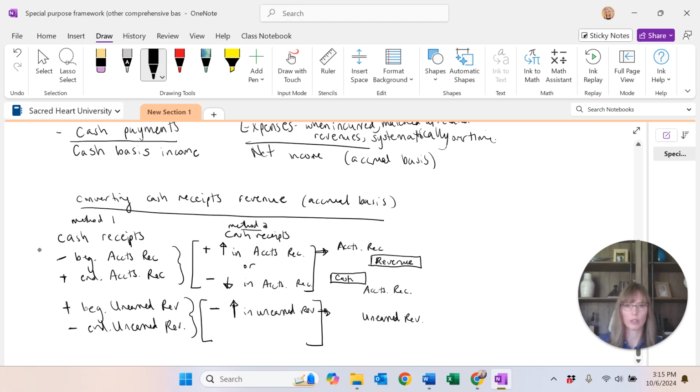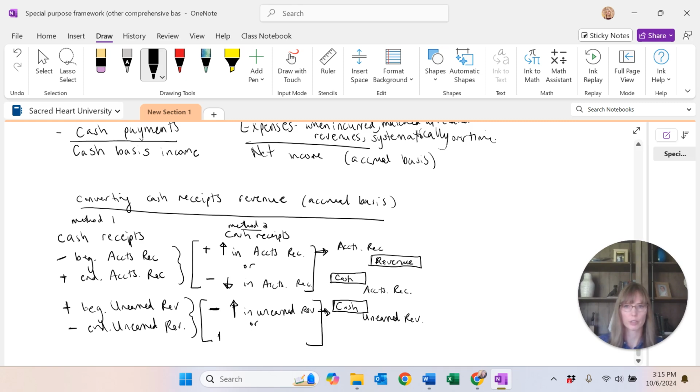And what's the only thing that happens where we credit unearned revenue? This means that cash was received. Cash was received in advance of providing the goods or services, so we now owe them. Cash received means that our cash receipts went up, but no revenue was earned on an accrual basis. So we need to subtract that out.